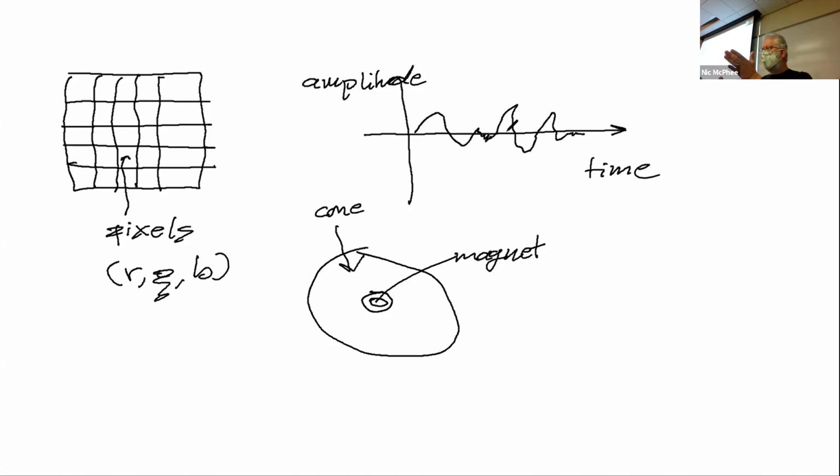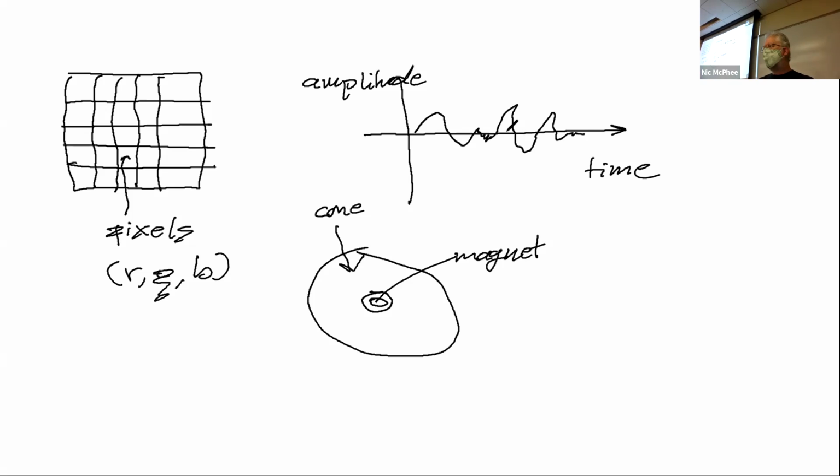That causes the cone to vibrate, which causes pressure waves in the air, which when those reach your eardrum, cause your eardrum to vibrate, which cause little bones inside your head to vibrate, which cause little hairs in your head to vibrate, which causes your brain to think you're hearing music.